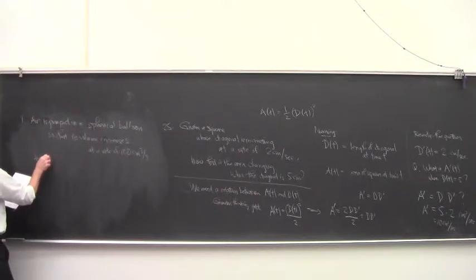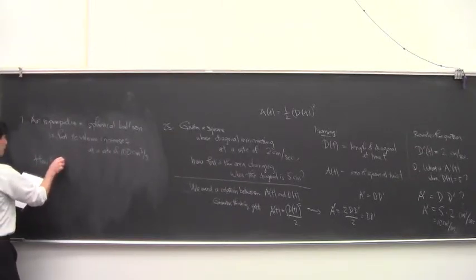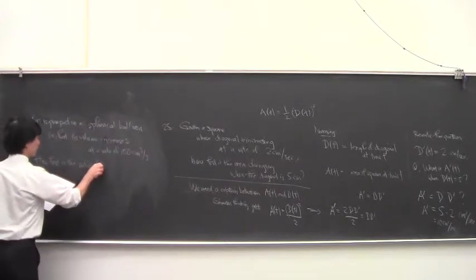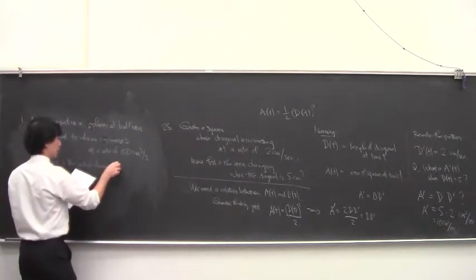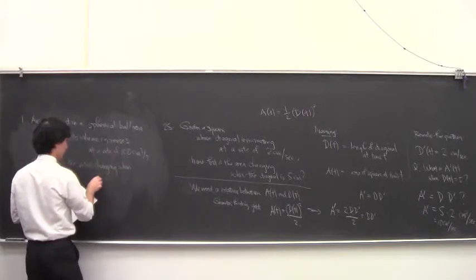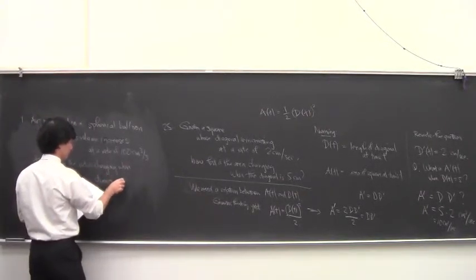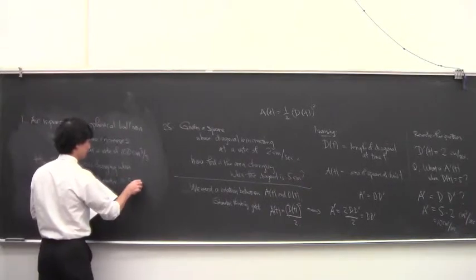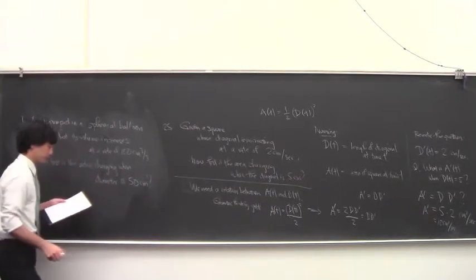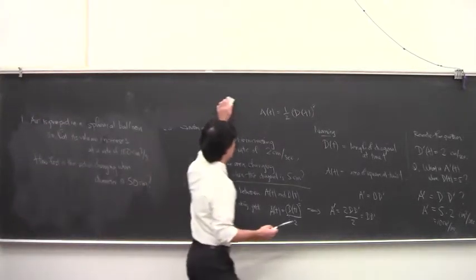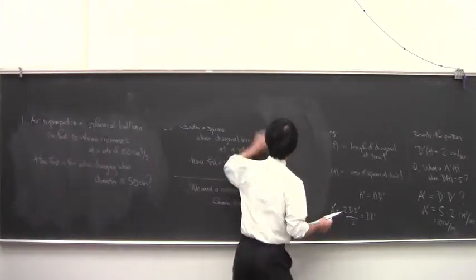How fast is the radius changing when the diameter is 50 centimeters?